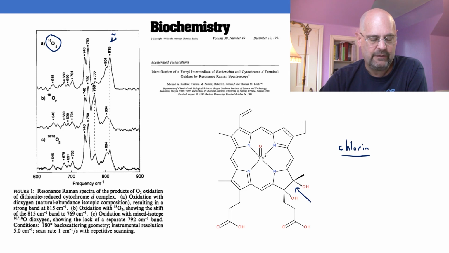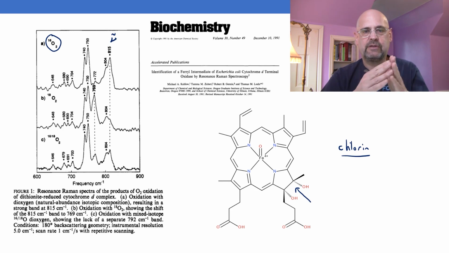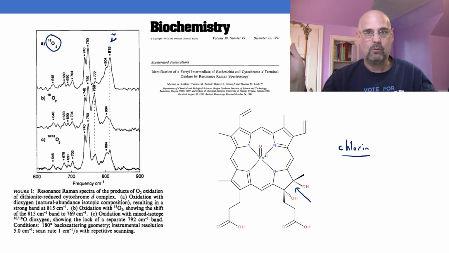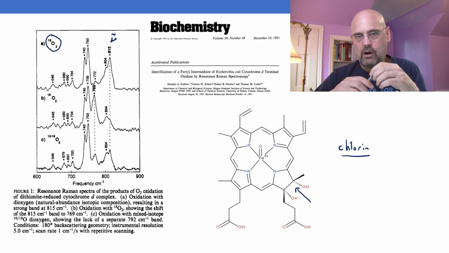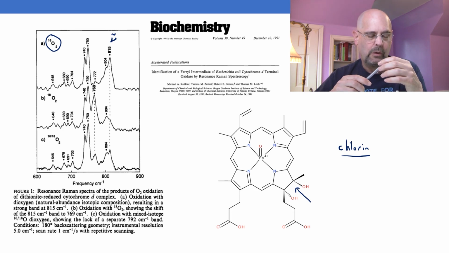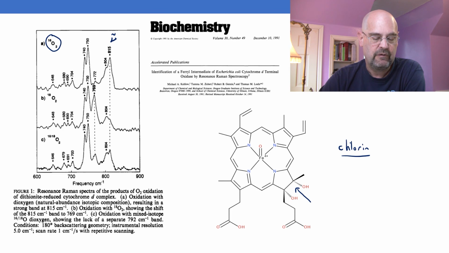We have a band at 815. What happened then when we used oxygen 18 as an isotope? This is only a small piece. This whole spectrum went from about 400 out to 2,000 wave numbers or more. So when we instead oxidized with oxygen 18, what did we see? Well, we saw that a band shifted from 815 to about 770.